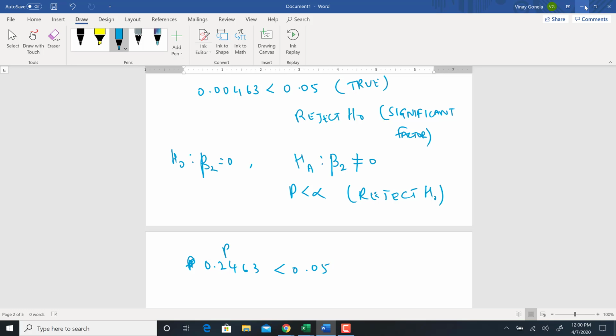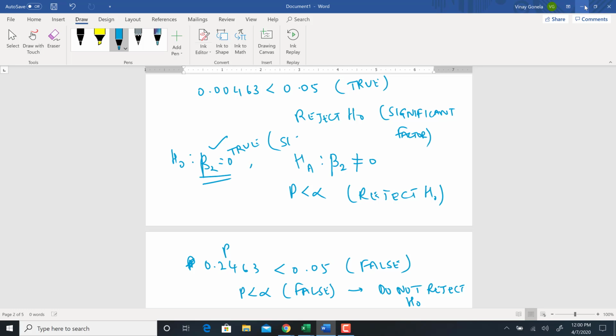So 0.24 is not less than 0.05, so this is a false statement. P-value less than alpha is false. What it means is you do not reject H null. So that means this is true: beta 2 is 0. This is an insignificant factor, not a significant factor.